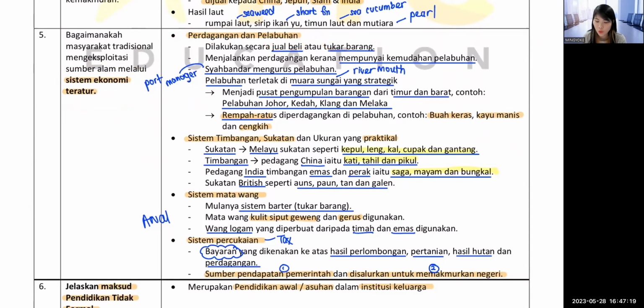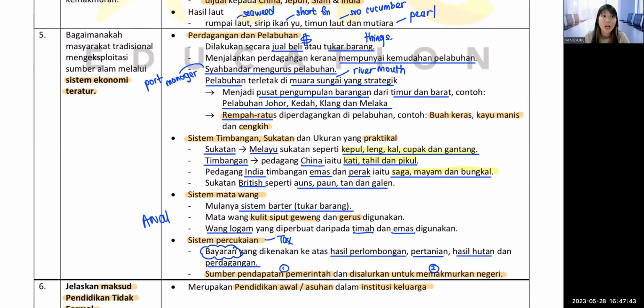Okay, so they are done two methods. One, buy, sell, or trade. Buy, sell means we use money, pay. We buy, and then we sell. We get money. Trade means I use my thing, exchange with your things. Okay, one is buy, sell with money. One is with the things.